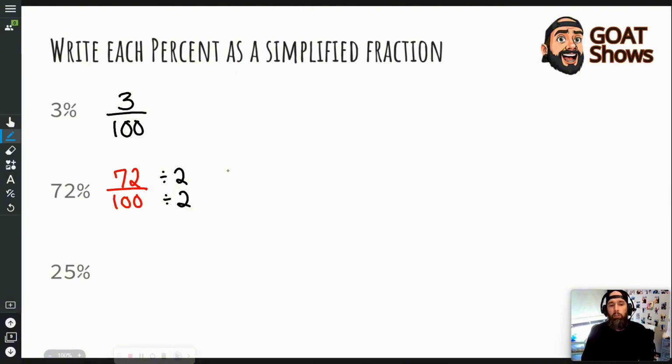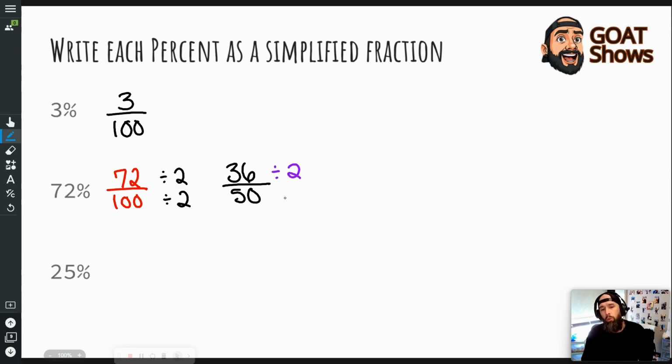72 divided by 2 is 36. 100 divided by 2 is 50. And if you look at that, you would notice, well, wait a minute. Those are both still even numbers. I could divide the numerator and the denominator by 2 again. So do it.